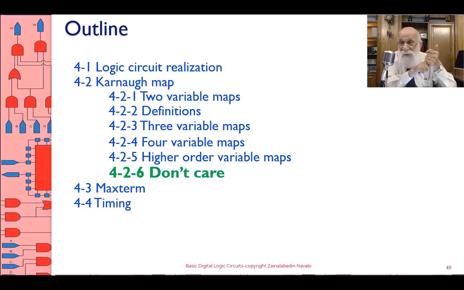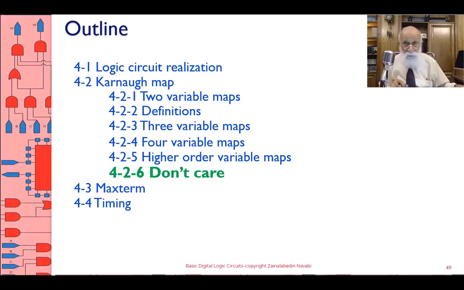If your output is not important for that particular input combination, you have the choice of taking that output as a 1 or a 0. Taking it as a 1 or 0 will give you the opportunity to come up with larger Karnaugh map groupings, or better mappings.